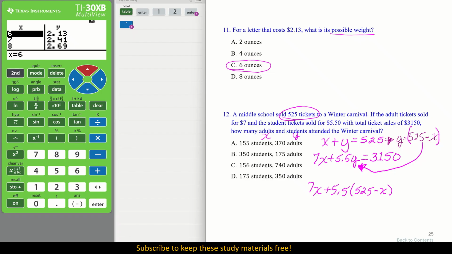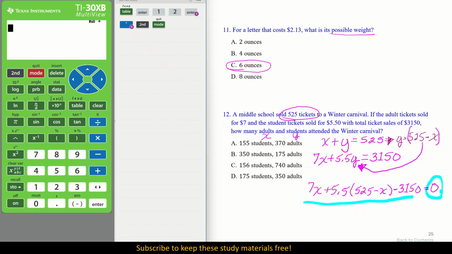Now, subtract the 3,150 from both sides, minus 3,150, and that means we'd have 0 on the other side. This is what we put in the calculator, and we're looking for a 0 on the right-hand side.